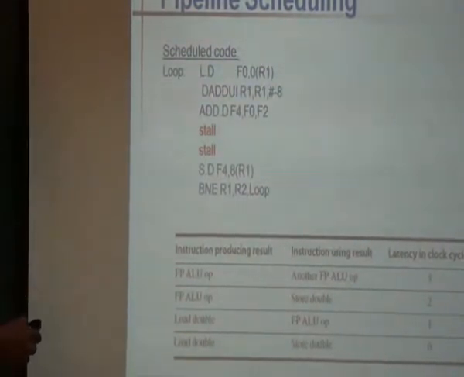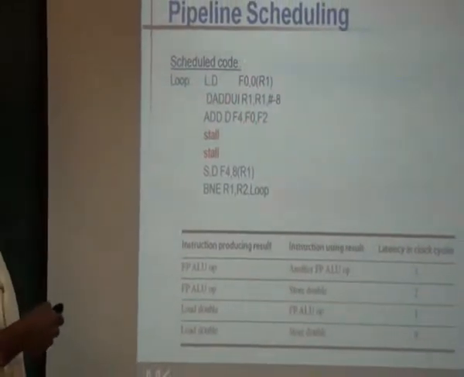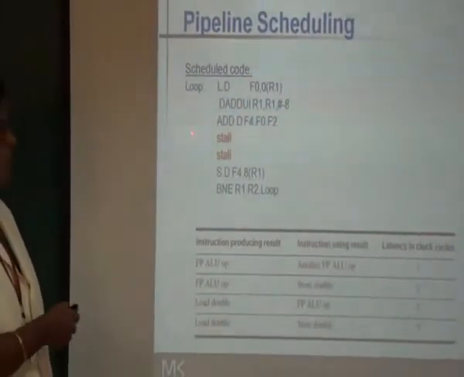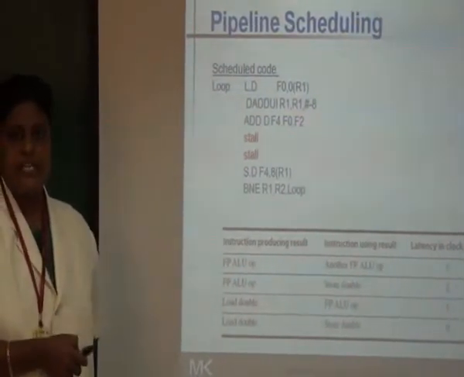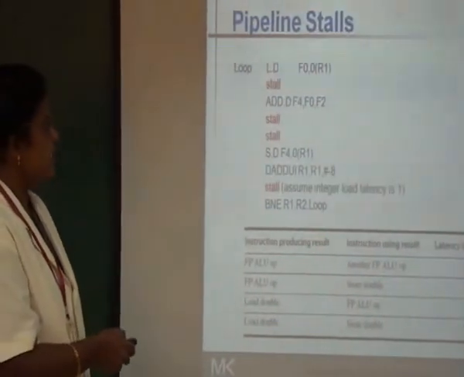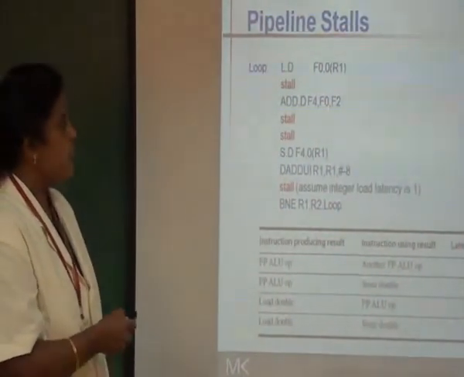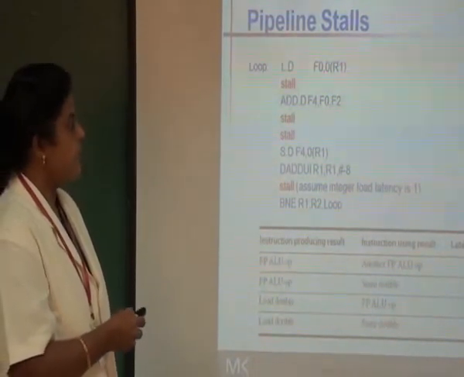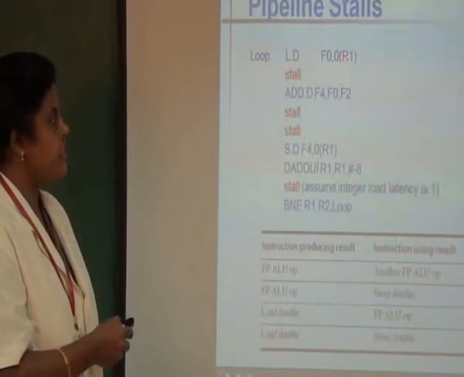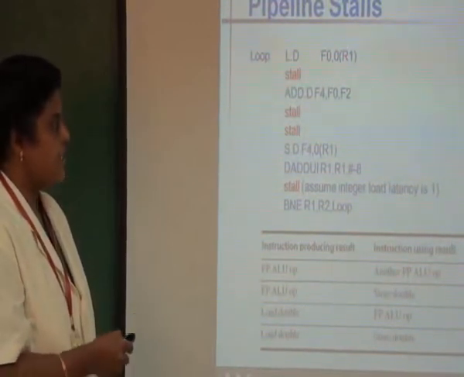We are rearranging the program such that we get only 2 clock cycle latency inside the program. So how do we rearrange it? This program adds a scalar quantity F2 to the content of the memory locations R1 till R8.